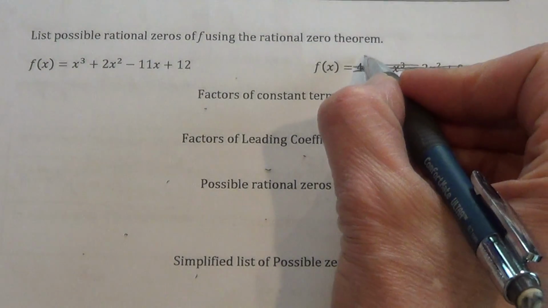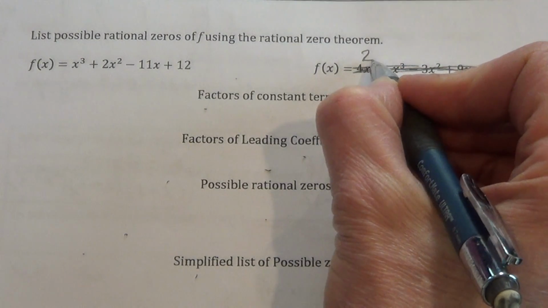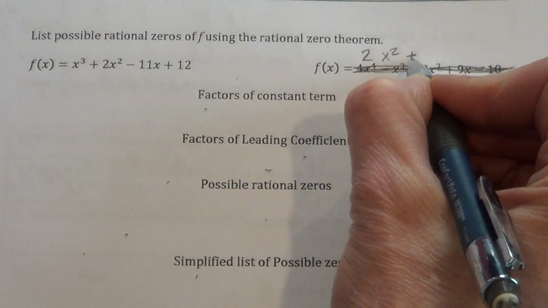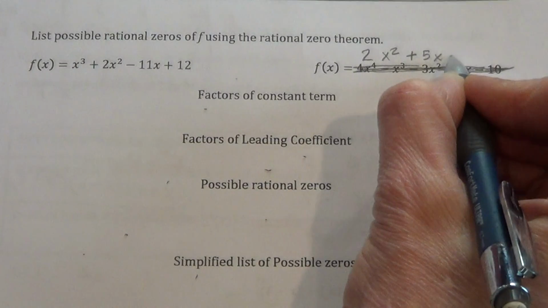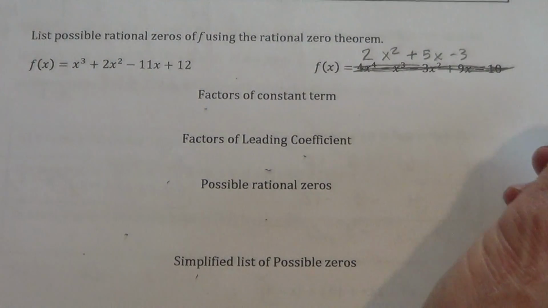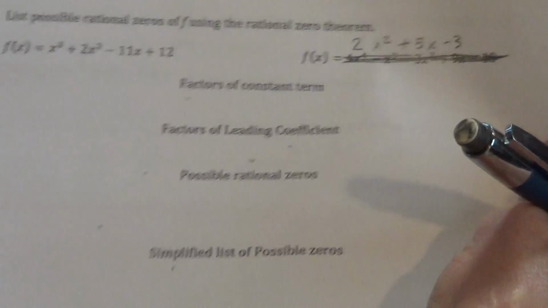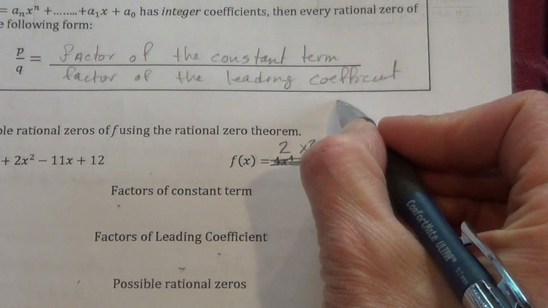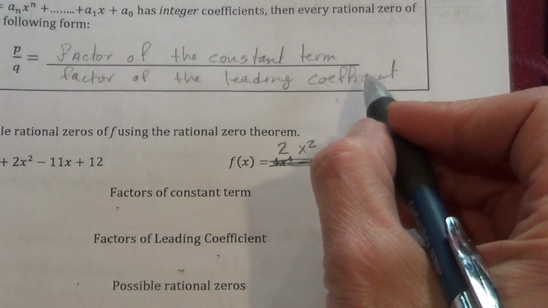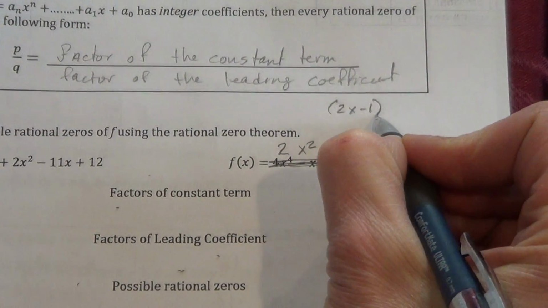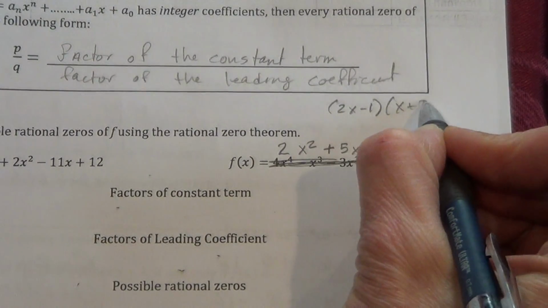So if I give you, let's write in there, instead of that one, let's write in 2x squared plus 5x minus 3. Now, if we were to work this out into factors, and I'm not going to work them out, you're just going to have to trust me here for a minute, the factors would actually be 2x minus 1 times x plus 3.